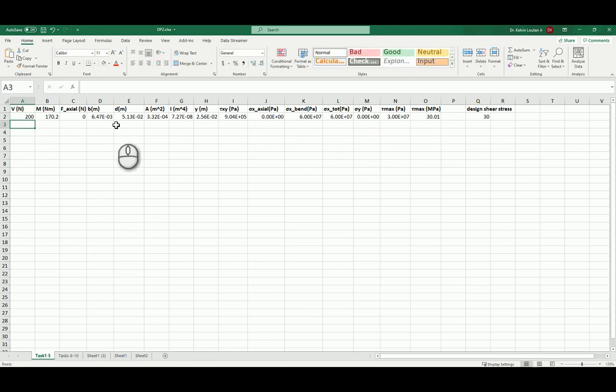So you can see it goes up a little. Let's just say we have an axial force of 100 newtons. It goes up. Right, so the Excel sheet allows you to manipulate these 3 values. And you can also see for yourself how little impact the shear force and the axial force have as compared to your bending moment.